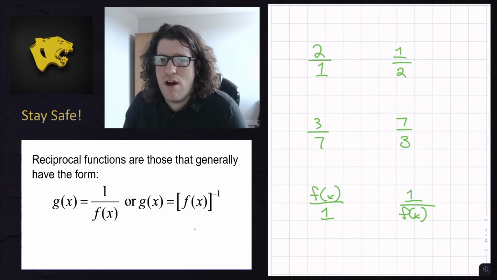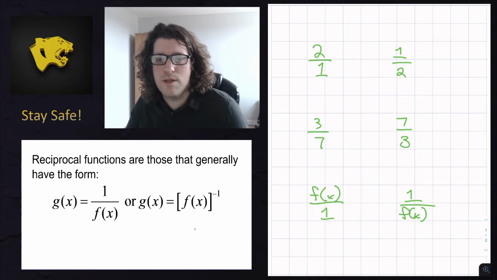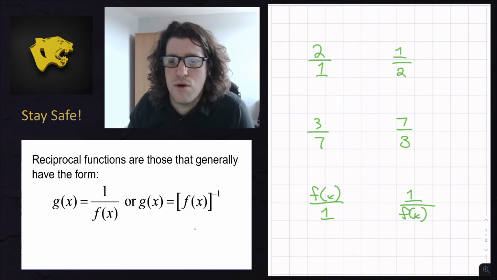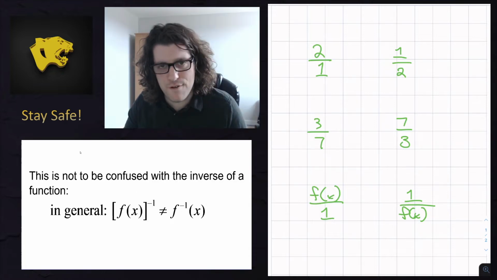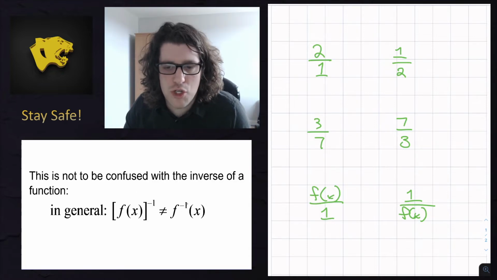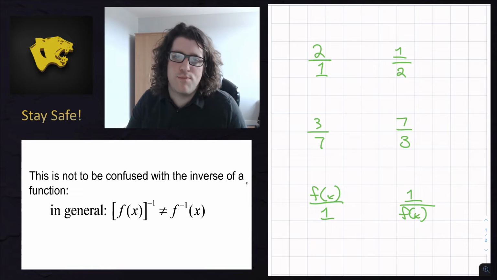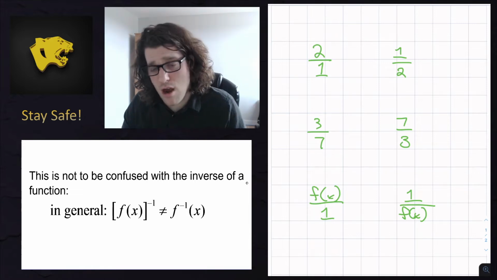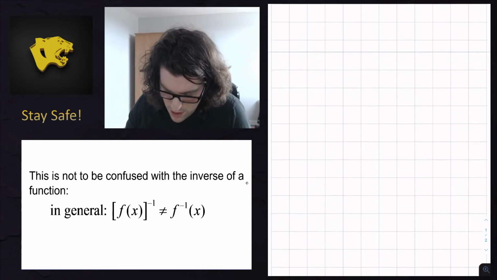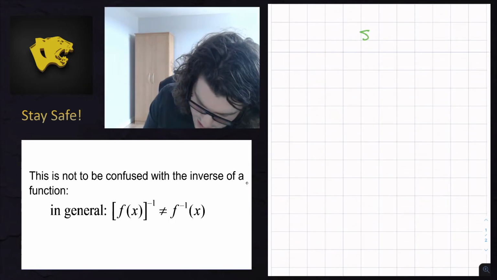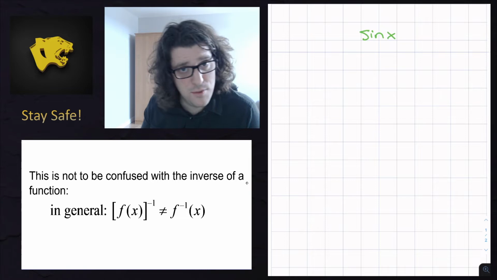Now, if I taught you Precal A, you probably heard me complain about the notation that goes along with the inverse. Inverse functions have a notation where the -1 is put in between the function and the argument. For instance, for a sine function, if I just have sine x, it's understood what that means.